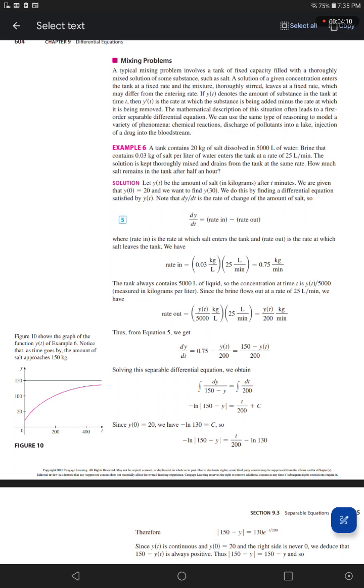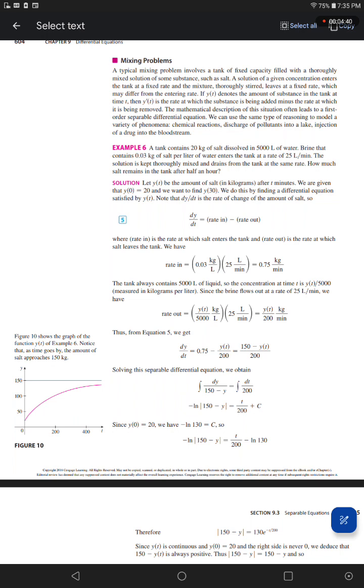Solving this separable differential equation, we obtain the integral of dy over 150 minus y equals the integral of dt over 200. The negative natural log of 150 minus y equals t over 200 plus C.